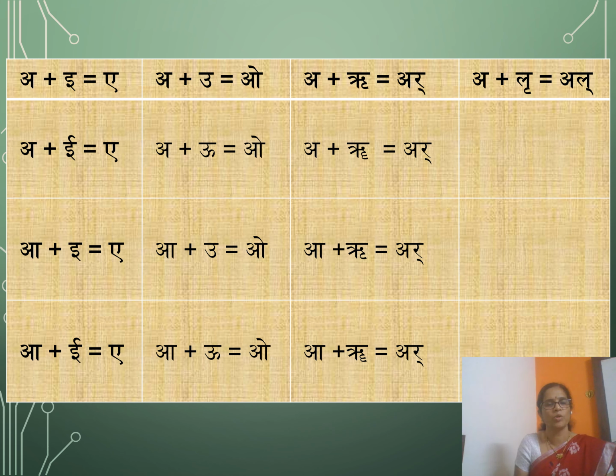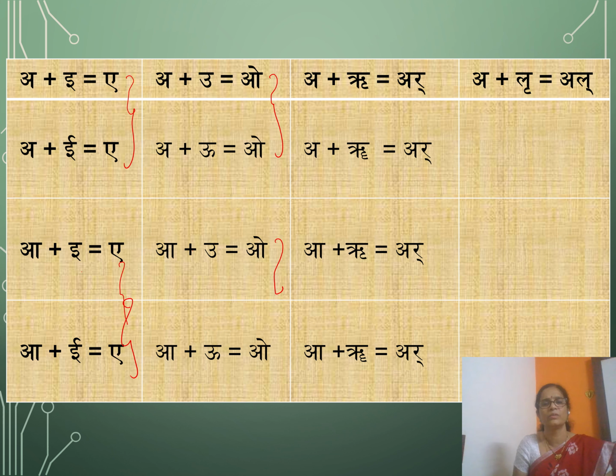Here is the combination of letters and the substituted letter also. We can see here short or long vowel a plus short or long vowel i, we are getting e. And short or long vowel a and short or long vowel u, we are getting o.